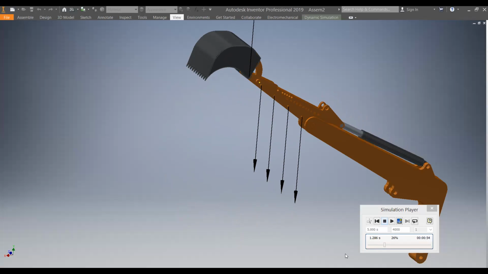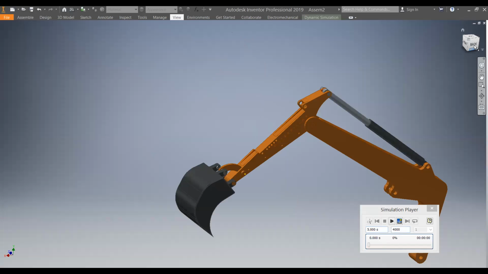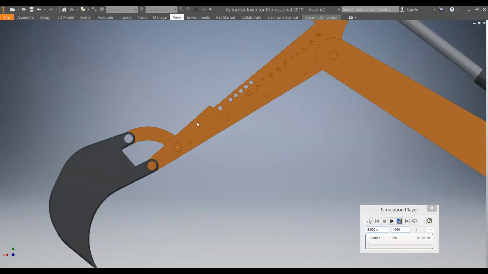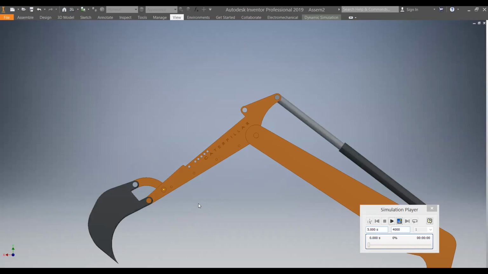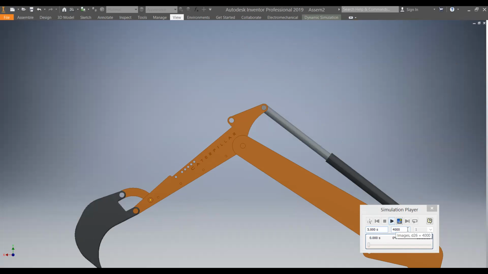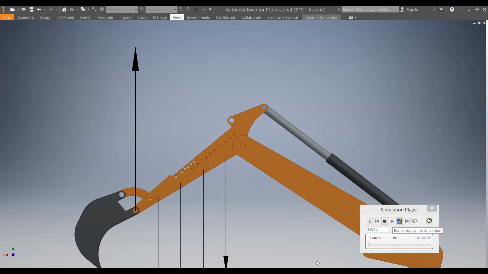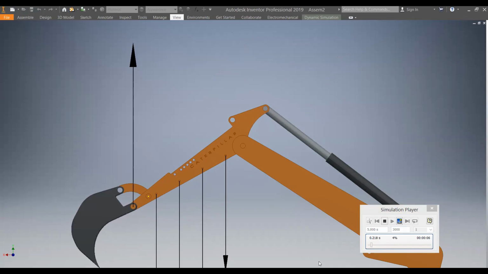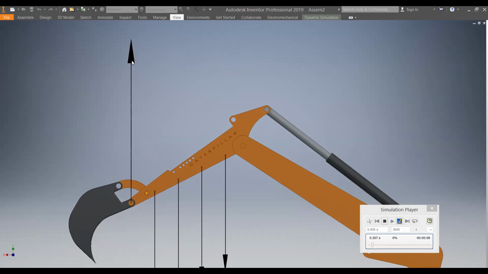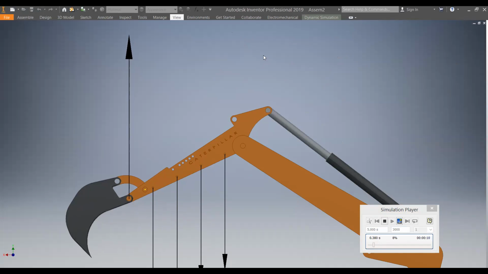Okay, so I hope this point is clear. The application of the resultant and the moment. So I will again run the simulation. This is the tension, and these are the 4 forces.